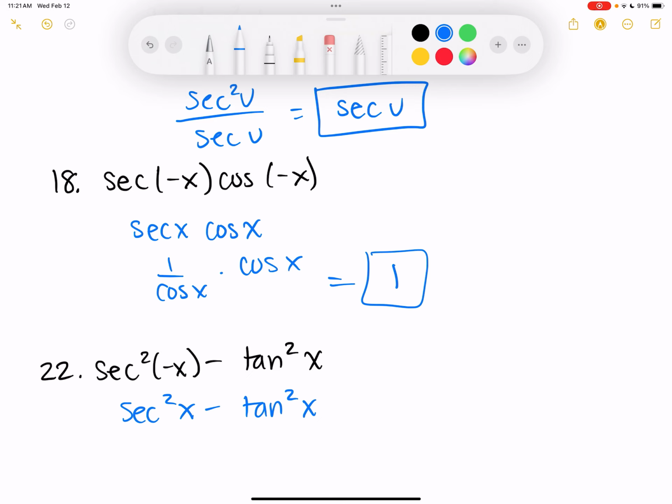So again, I'm thinking Pythagorean identities. Is there one that I can manipulate to do secant squared minus tangent squared? Secant squared of x equals 1 plus tangent squared of x. Yeah, so secant squared is equal to 1 plus tangent squared. So I can move that over. So secant squared minus tangent squared would just be equal to 1.